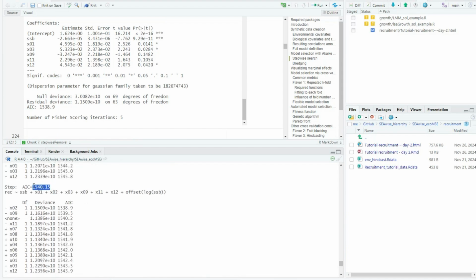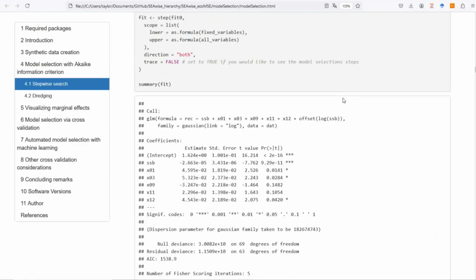We went from 1540 to 1539. It was sort of on the border of this rule of thumb. Okay, any questions about that so far?